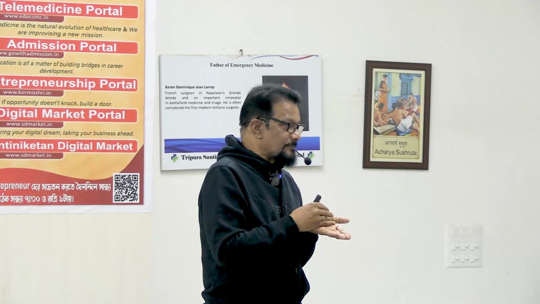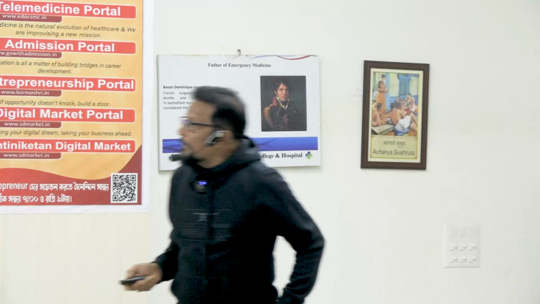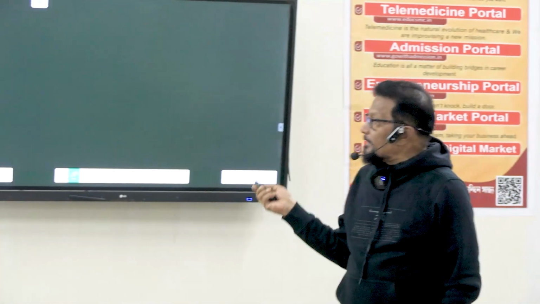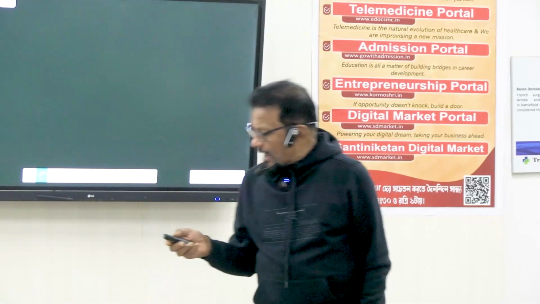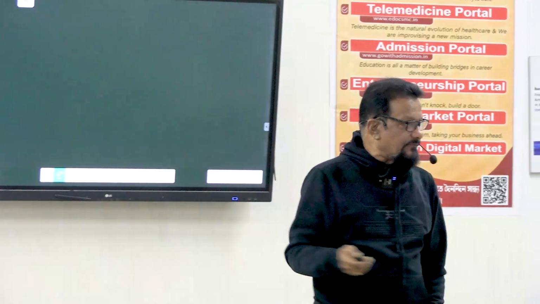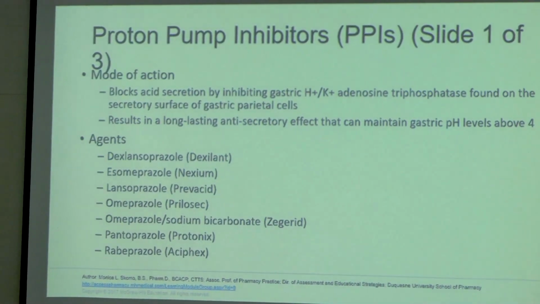Nowadays some sachets are also available in the market. And histamine receptor antagonists, proton pump inhibitors, and lastly, these are very costly and not so effective. So the first three are the most effective ones. Okay, these are the treatment.